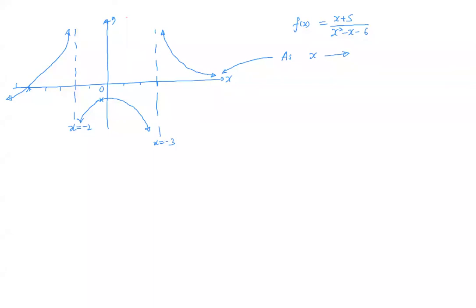If you go to this side, it approaches what? Infinity. If x approaches infinity, what do you think my fx will be like? Okay, let's study the two parts of fx. Can you tell me what this expression x plus 5 will become if x tends toward infinity? Infinity plus 5? Infinity. Am I right?